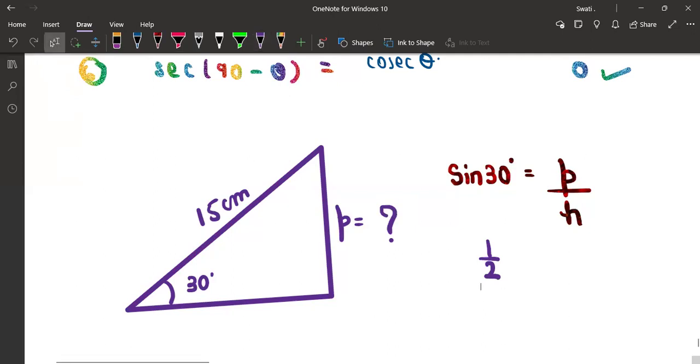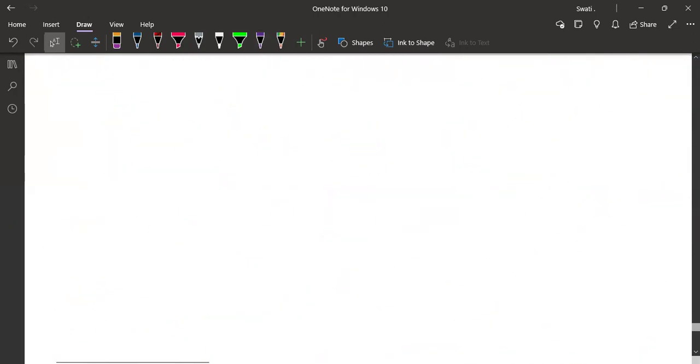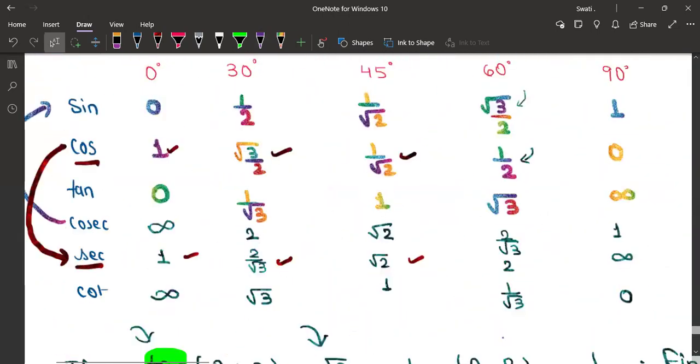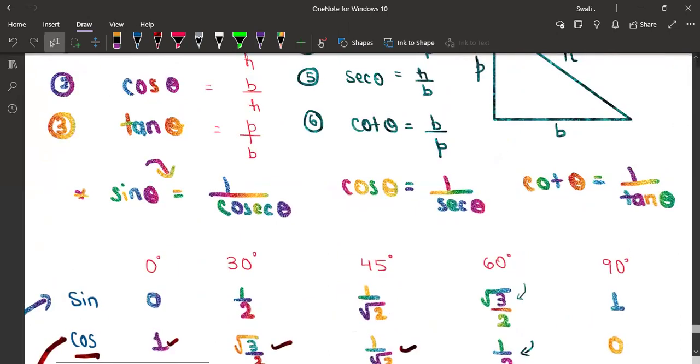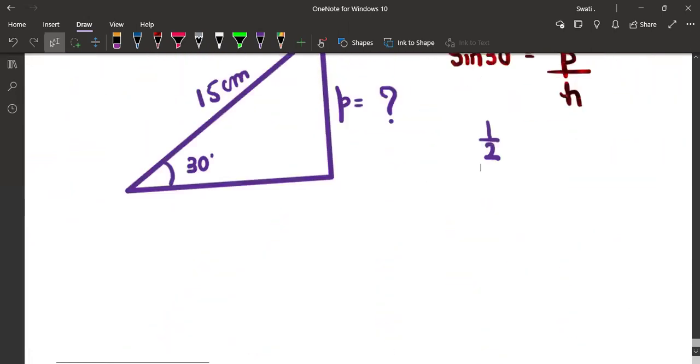This formula I have written just from that formula sheet, the formula table. Sine 30 is, of course, 1 by 2. So here we have just written sine 30 is 1 by 2.